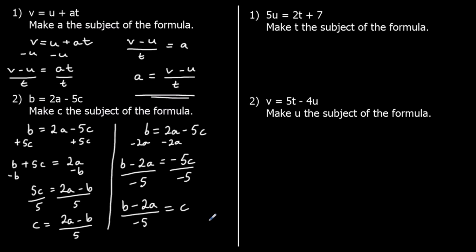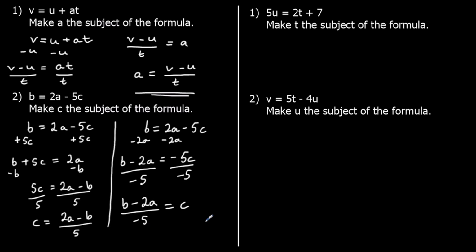So that is a correct answer, and they are equivalent. They are the same thing. It's just better to have a positive number on the bottom of the fraction. But either way, they are both correct answers.